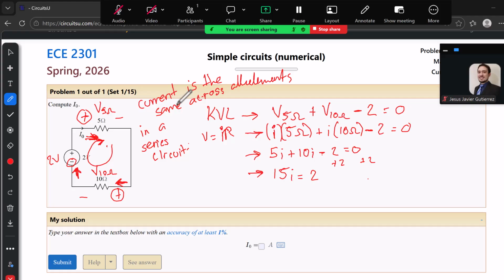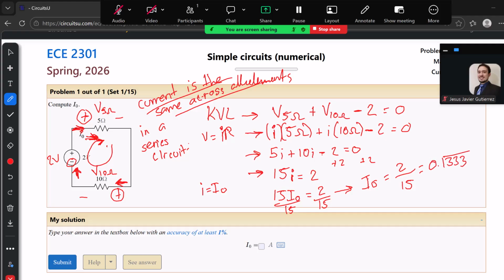Since the current is the same across all elements, this current is also I naught. So we can replace I with I naught: 15 I naught equals 2. Then by dividing both sides by 15, we can solve for I naught, so I naught equals 2 over 15.